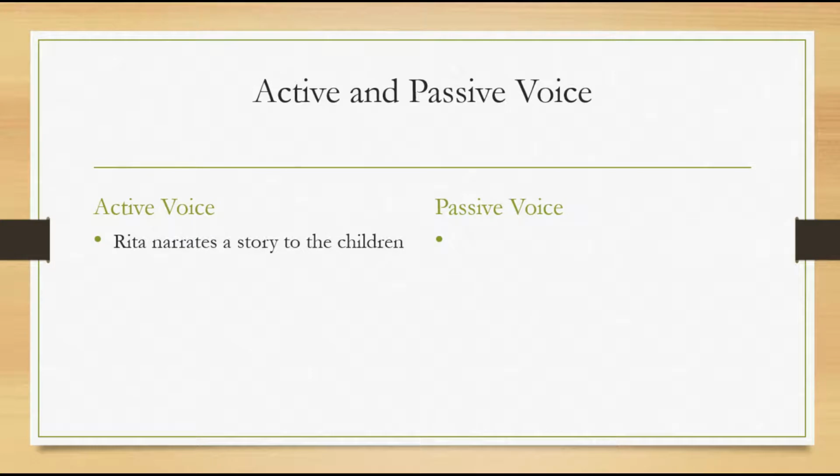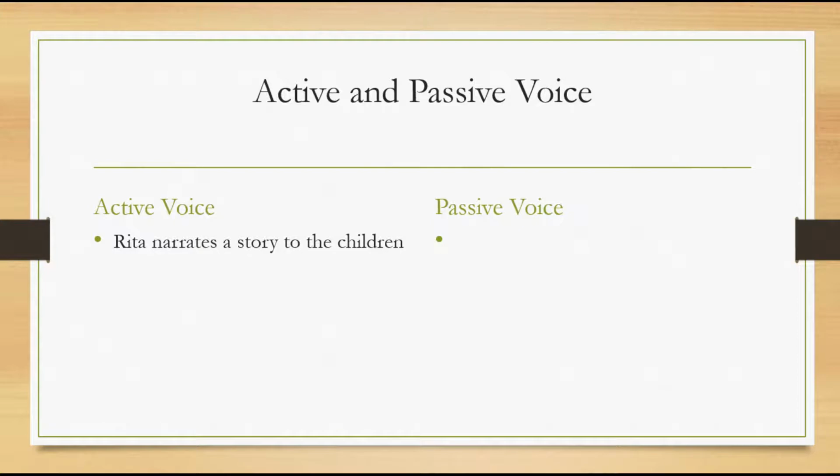So, my first sentence goes, Rita narrates a story to the children. It's a simple present tense. Now, Rita is the doer of the action or the subject, what you may say so. And we have an object, and we have learnt this in simple sentences so far that we have a subject and an object or a verb in the sentence.